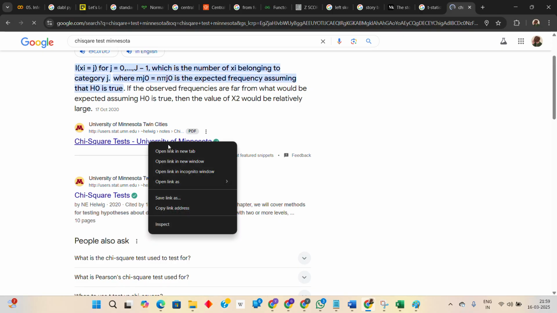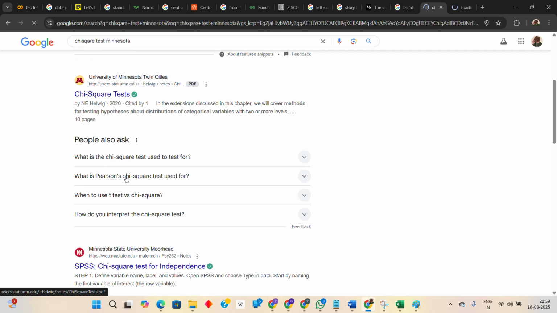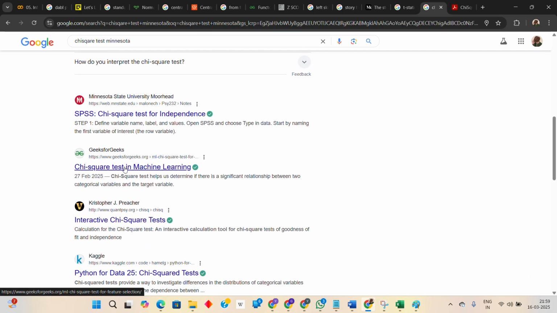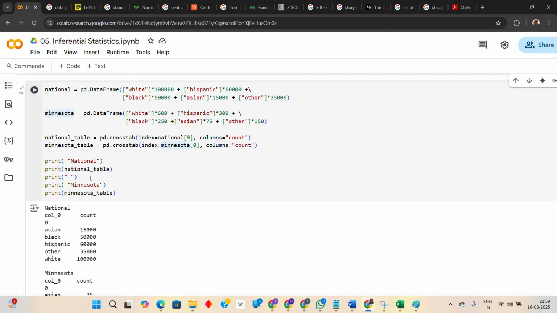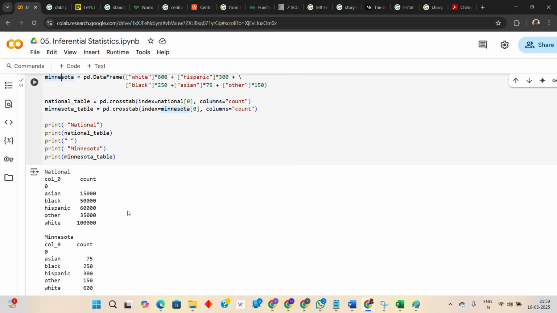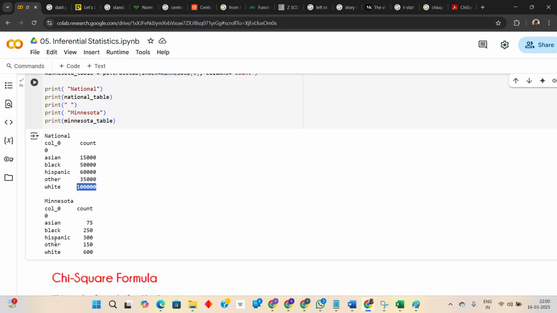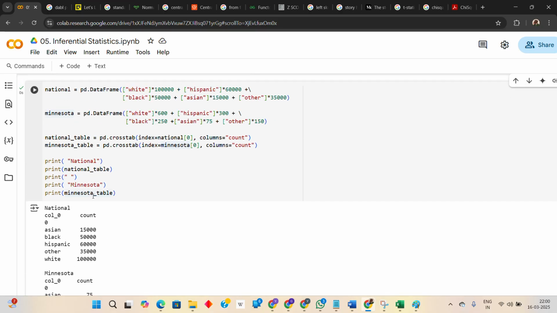You can see the University of Minnesota, and many times you will find the same. Whatever it may be, we consider the same data. Let us consider Asian people are this much, black people are this much, Hispanic and others and white. This is national level, but in Minnesota these are the results: Asians are this much, black are this much, Hispanic are this much, others are this much, and white are this much. We are now trying to estimate Minnesota against the national values.